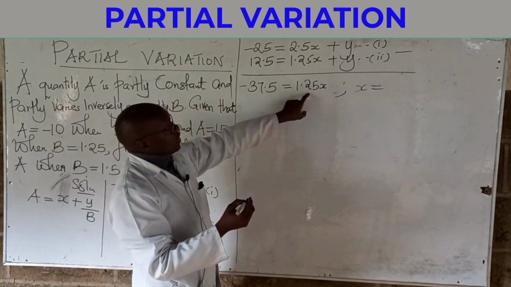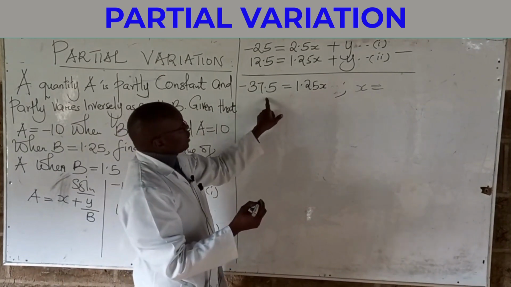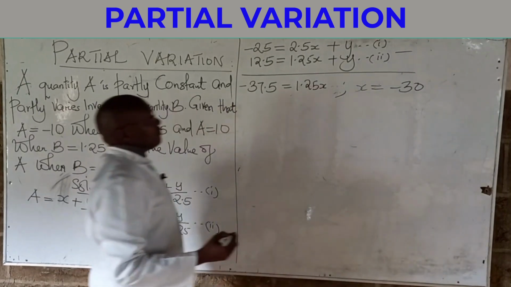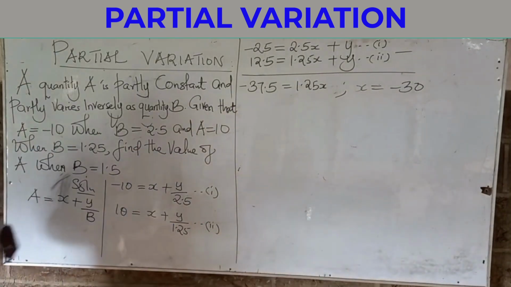So from here, to get X, we divide both sides by 1.25, and you'll get X to be -30. Remember, Y has been eliminated in that equation.